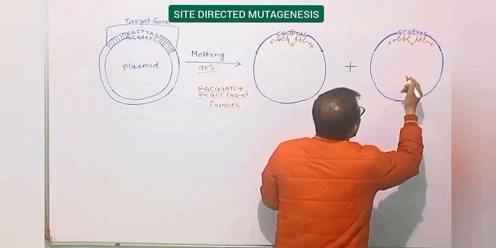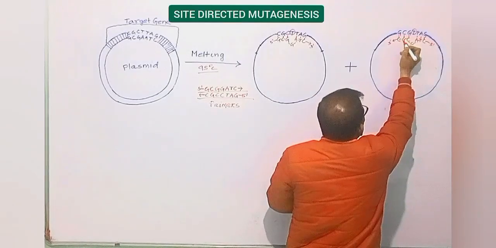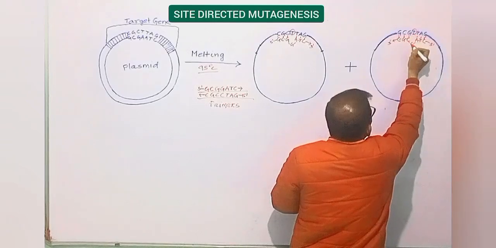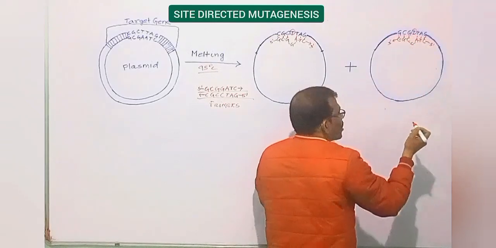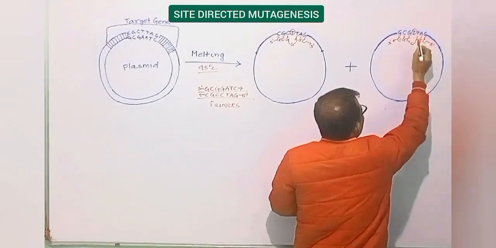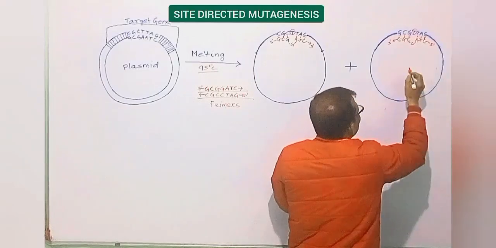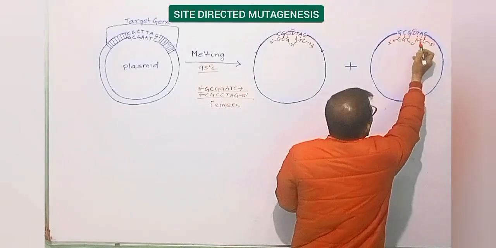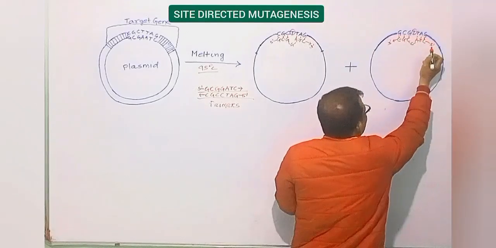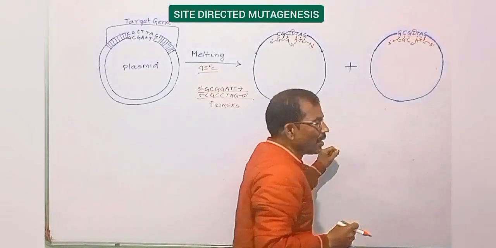In this case also, G is complementary to C, C is complementary to G, G is complementary to C, but T is not complementary to C. So this is the mutation site where one nucleotide will be substituted by another nucleotide. Remaining 3 nucleotides are complementary. This is the 5' end and this is the 3' end.